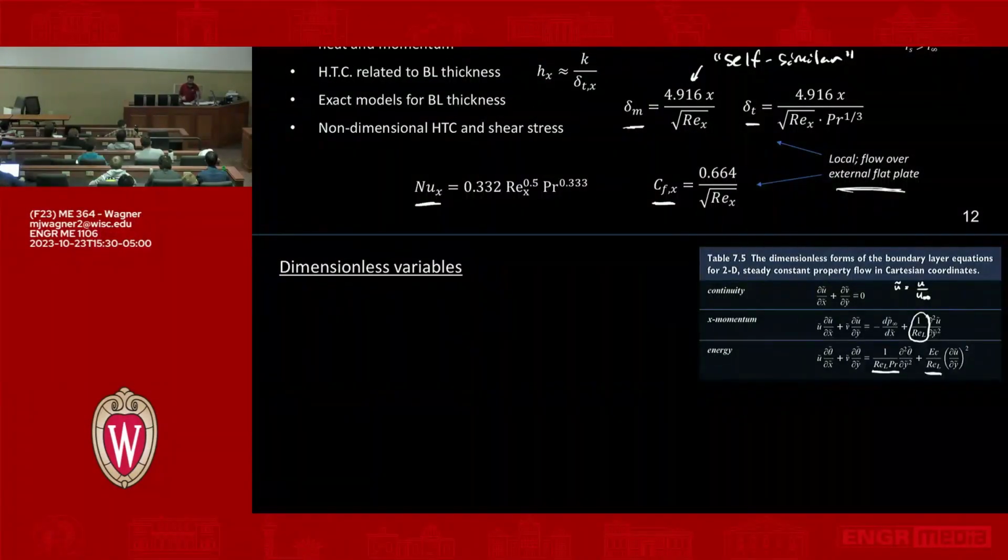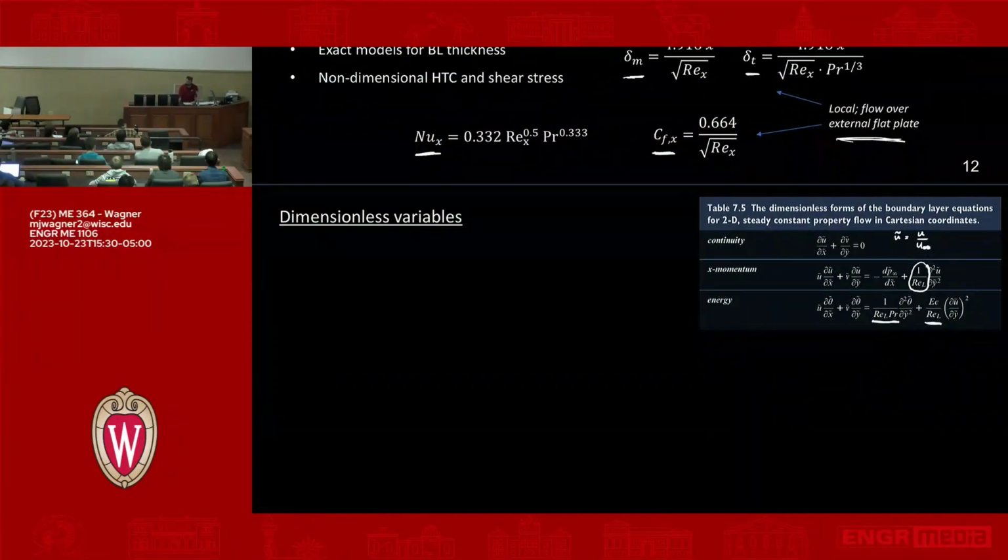Okay, so what we end up with is we want these correlations. So let's say we want to represent the friction coefficient, C sub F. Well, if I look at the conservation equations, I can see what it is functionally dependent on. Friction coefficient is going to be related to X momentum. So anything that's involved with X momentum has to be accounted for in my correlation for coefficient of friction.